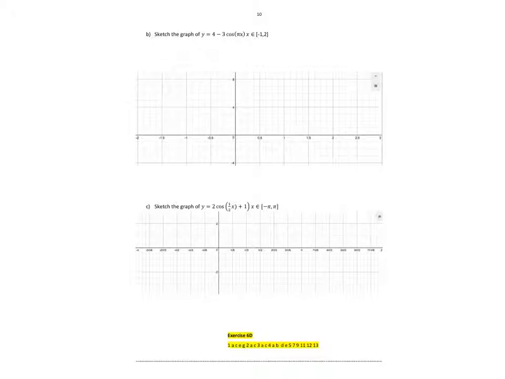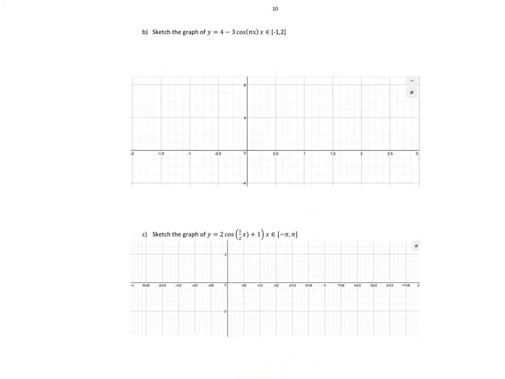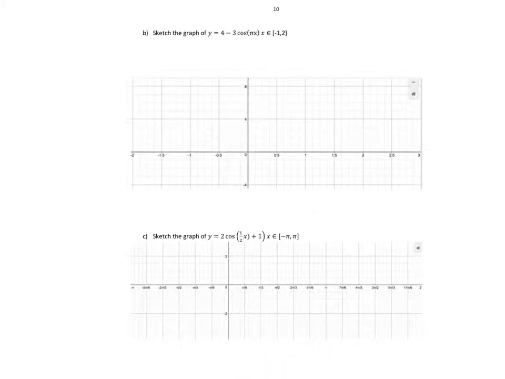All right, let's do the same thing again for B. I might go straight into a little bit bigger to give me a little bit more room. All right, first things first, identify period. Period is equal to 2 pi on n, which is 2 pi on pi. So the period is 2.